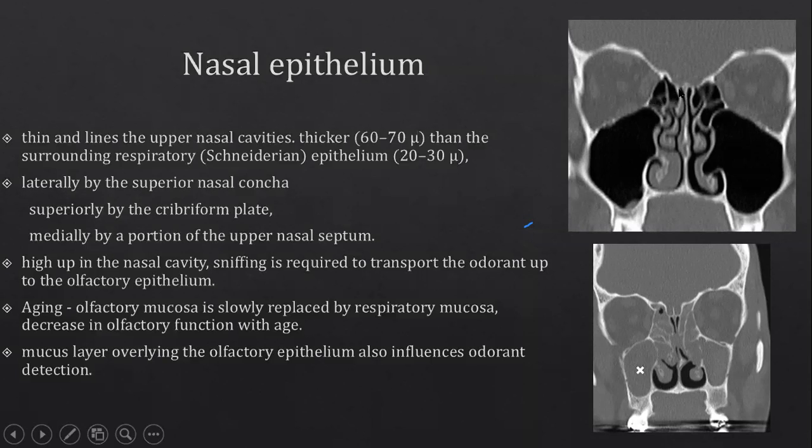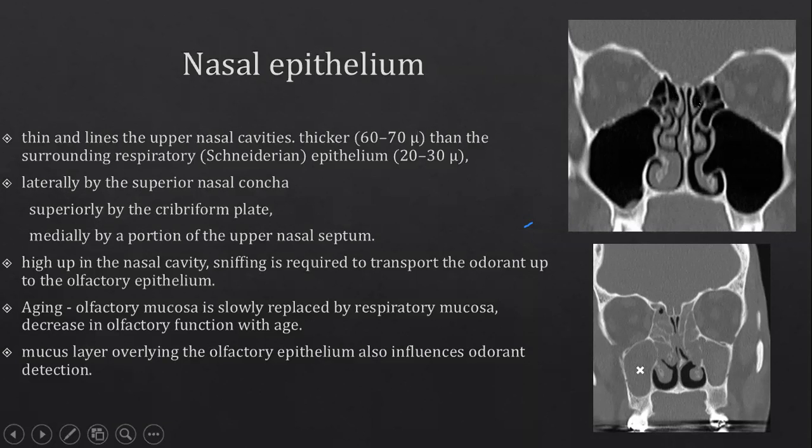So the olfactory epithelium is located high up, and hence when you have to smell something which is less easily detectable, you try and sniff, and that draws in air and takes the molecules, the odorants, to this recess located right at the top of the nasal vault, and helps us concentrate these molecules over here to appreciate that particular odor.